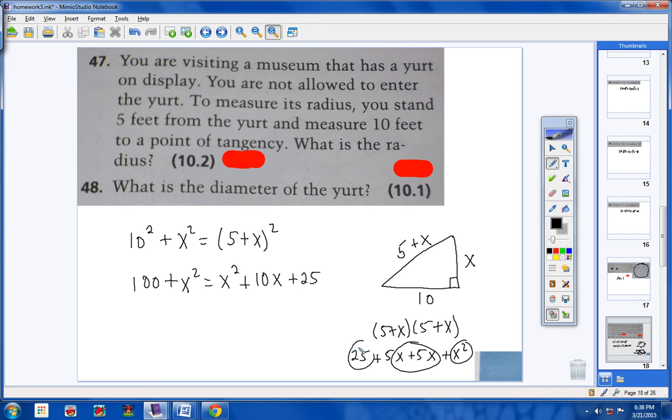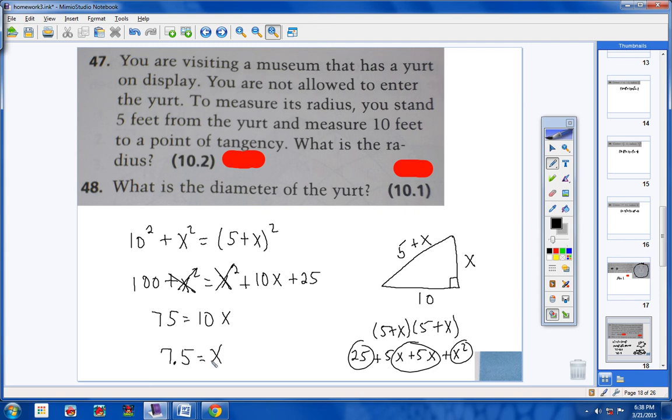Okay, we can solve this pretty quickly. Your x squareds cancel out. You have x squared here. If you brought it over and made it negative, it'd cancel out. Now bring your 25 over and make it negative, and you're left with 75 equals 10x. Now divide both sides by 10, and you're going to get 7.5 equals x.